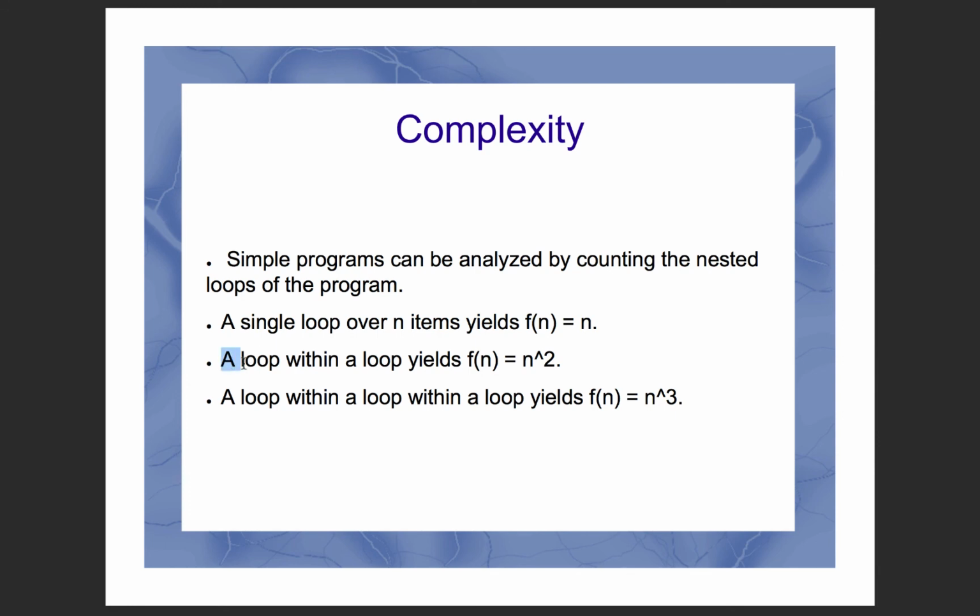If you have a loop within a loop, then you can call that n squared. If you have a loop within a loop within a loop, then you have n cubed. So counting loops is the way to count complexity.